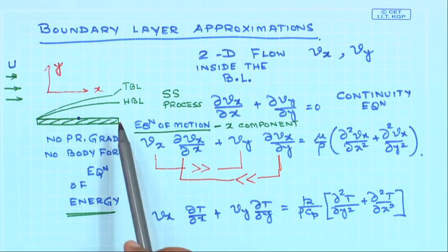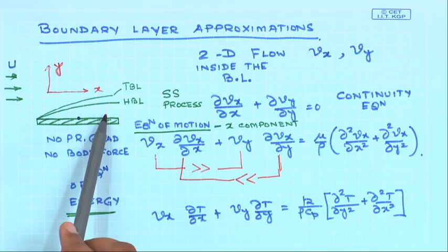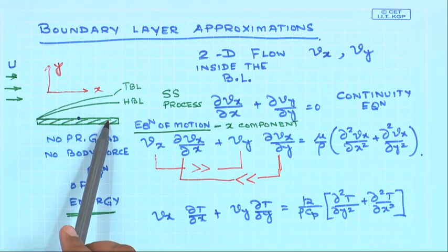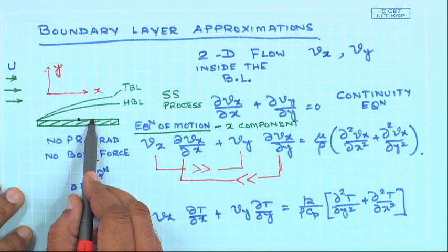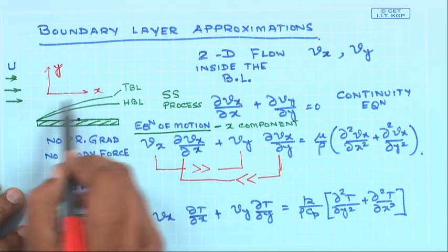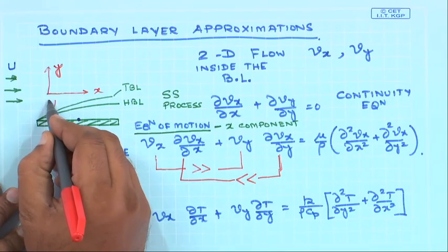So we need to keep in mind that the thickness of the boundary layer is very small, and the velocity varies from 0 at this point to the free stream velocity capital U over here.